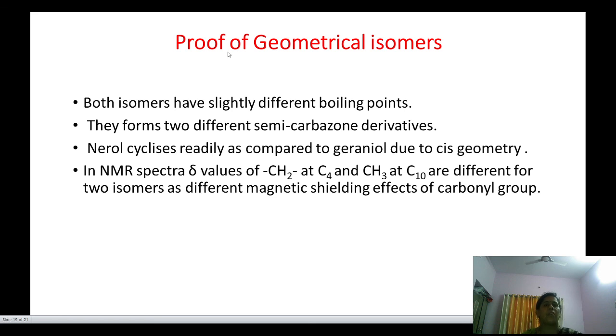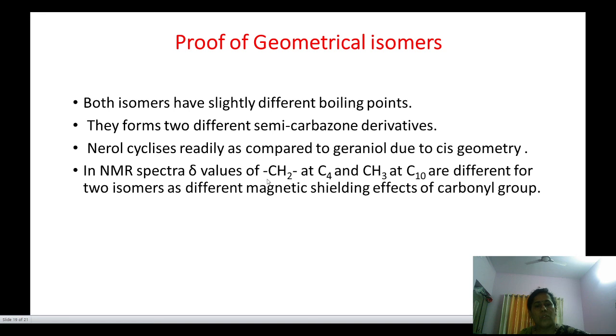Now for the proof of geometrical isomers. Both isomers have slightly different boiling points. They form different semicarbazone derivatives. Neral cyclizes readily as compared to geranial due to its cis geometry. In NMR spectra, the values of CH2 at C4 and CH3 at C10 are different for the two isomers due to the different magnetic shielding effect of the carbonyl group.